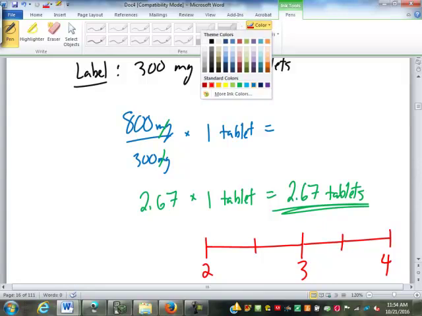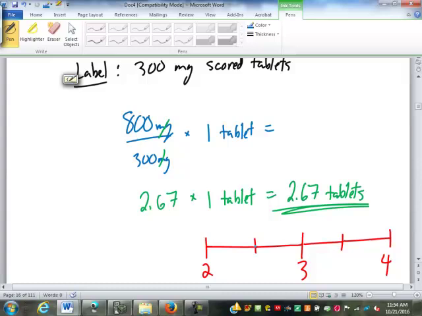Well, 2.67 is going to be between 2.5 and 3. It is closest to 2.5 tablets. So we would administer 2.5 tablets of that medication. Now again, that's only because we are told it's okay to round to the nearest half tablet.